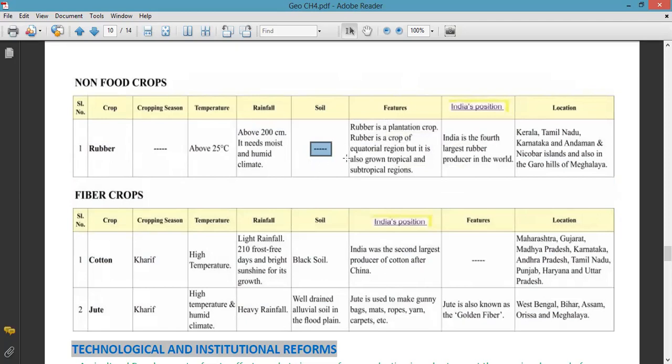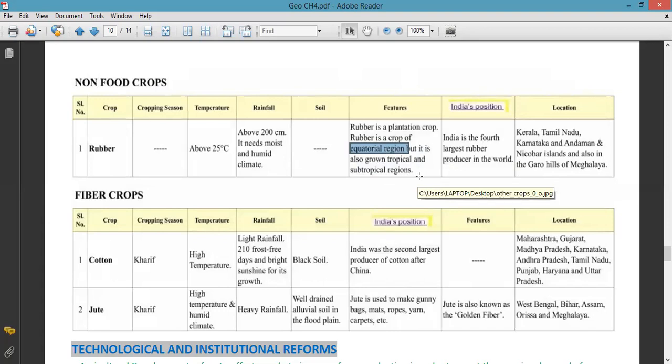Additional features about rubber. Rubber is a plantation crop. It's a crop of the equatorial region, but is also grown in tropical and subtropical regions. Equatorial region receives more temperature, more than 30 degrees Celsius. That is why it's a crop of the equatorial region. But it may grow in other regions also if it receives good temperature.